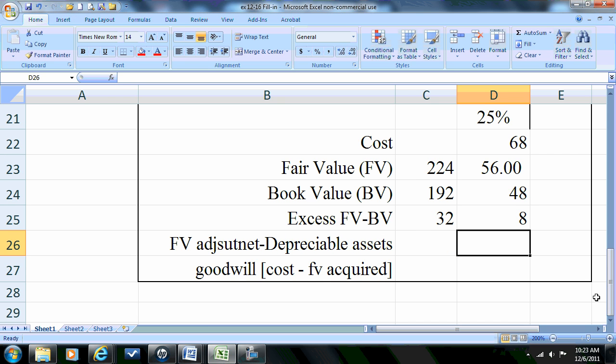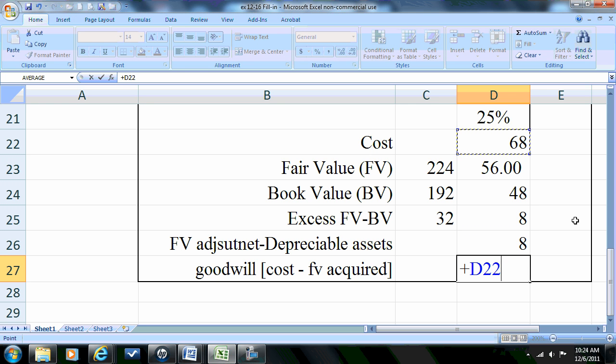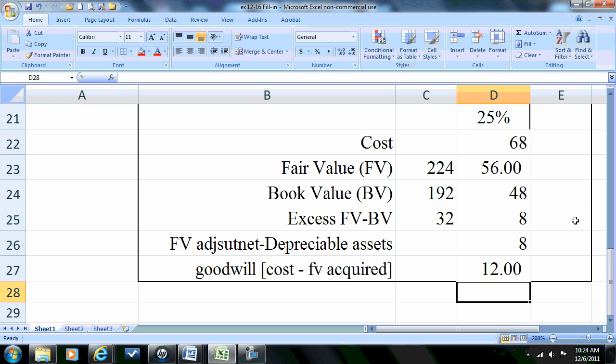So we have two things going on, because Pfizer paid more than the book value for their acquisition of Carney shares. We have a fair value adjustment that is going to be needed, and that's going to be for $8 million over an 8-year useful life. And then we have goodwill, and goodwill will be the amount where the cost exceeds the fair value of Carney's assets.